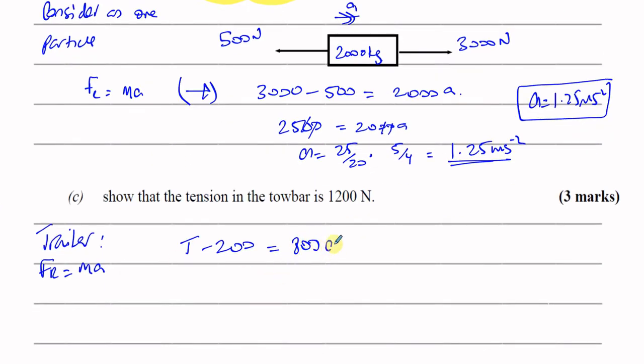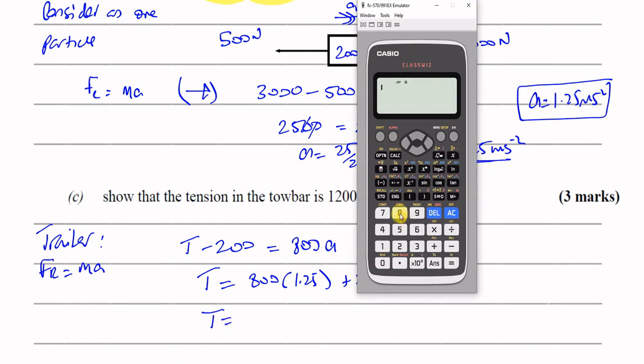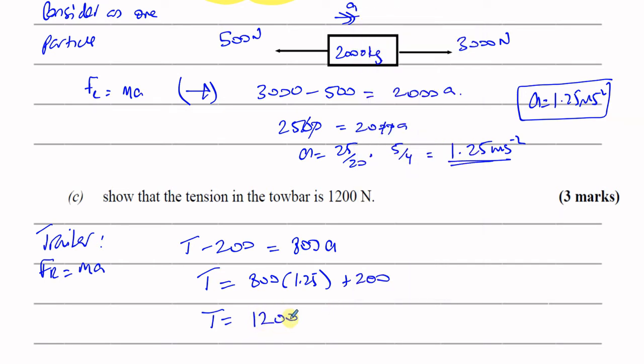So you have T equals 800 times 1.25 plus 200. So that will be the tension in the rope. So you have 800 times 1.25, you add to that the 200, and you end up with 1,200. So the tension in the rope is 1,200.